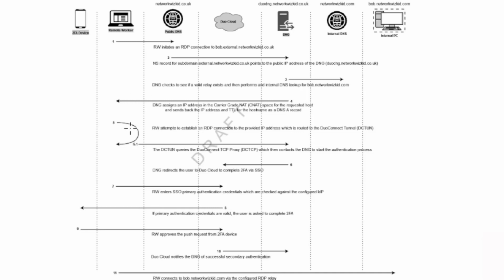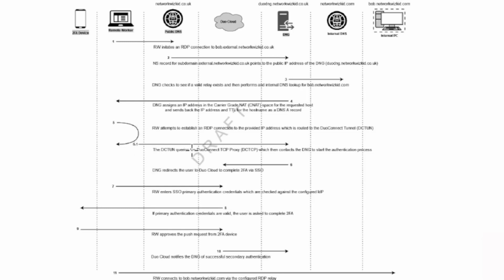And then once that's done, the remote worker then attempts to establish an RDP connection to the provided IP address, which is then routed to the Duo Connect tunnel or the DC TUN. And Duo Connect is an application which we'll take a little bit more of a look at when we get into the demonstration, and this will probably make more sense as we start to put those pieces together.